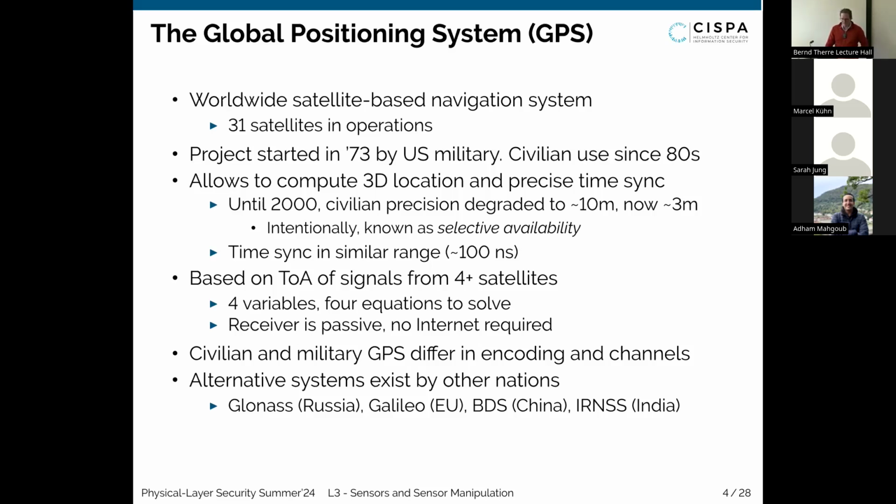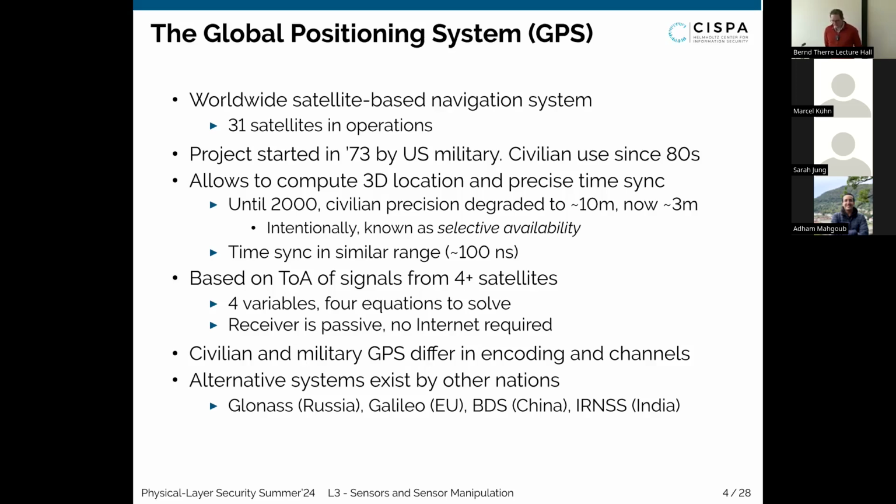Then afterwards, this selective availability was discontinued because it became so clear that there was very wide demand for precise public GPS usage as well. Since then, the GPS location precision that you could get is around 3 meters.